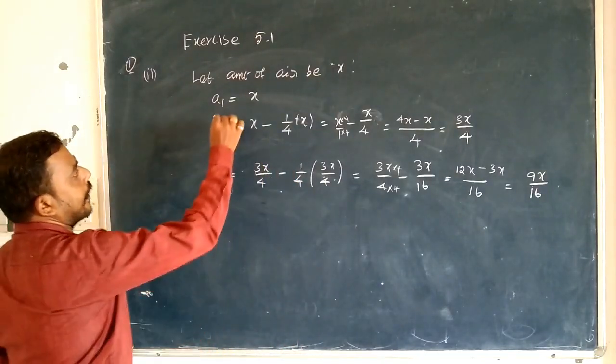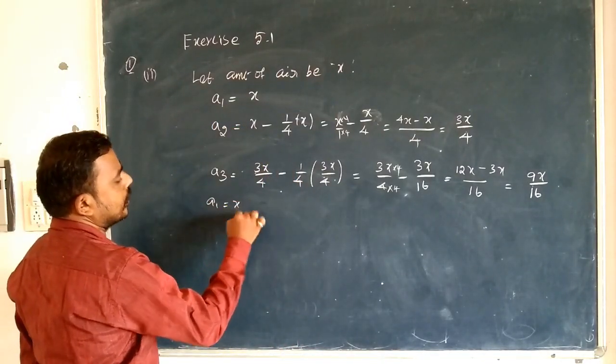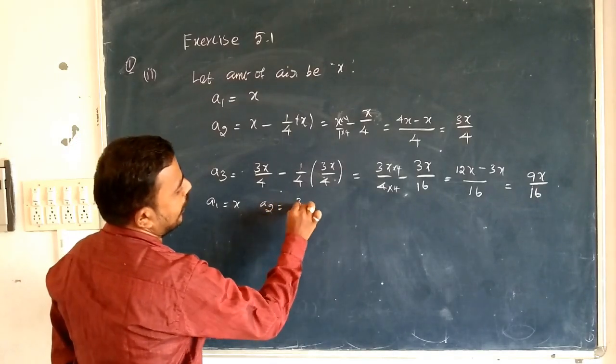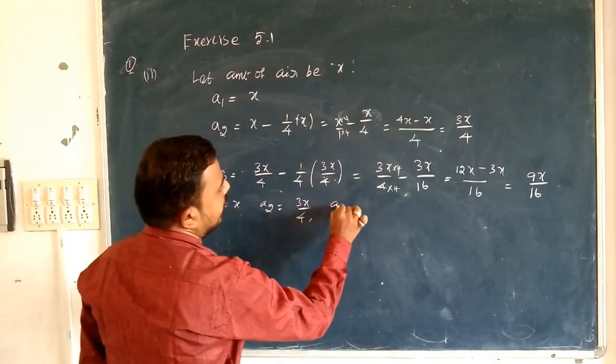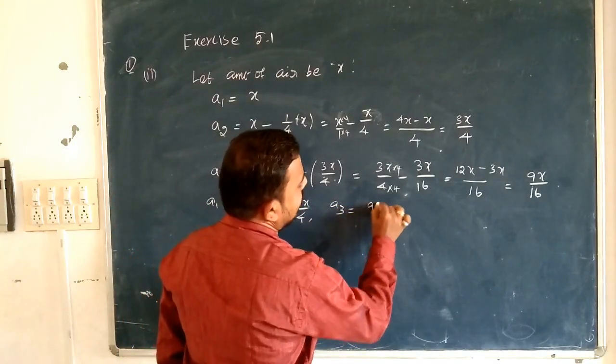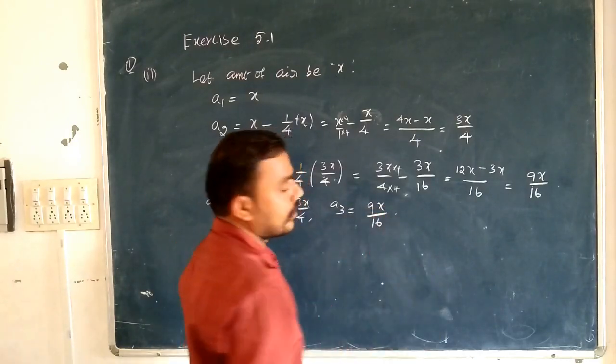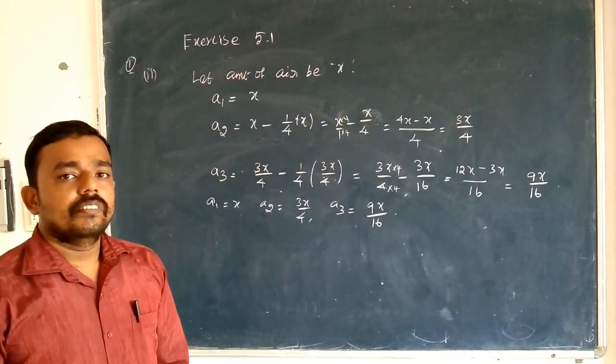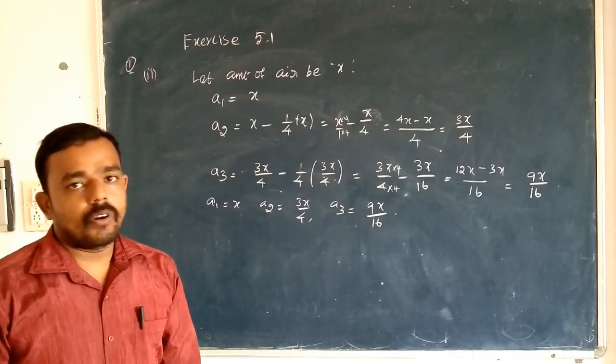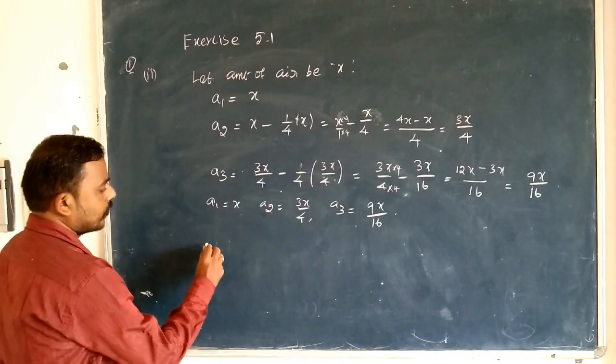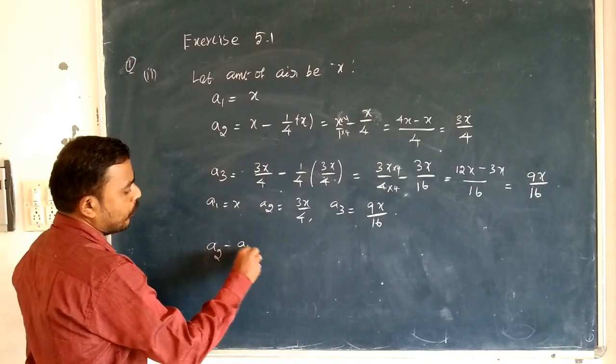So from this you can write A1 equals x, A2 equals 3x by 4, and A3 equals 9x divided by 16. This is given. We need to check whether it forms an AP or not. For that, check A2 minus A1.